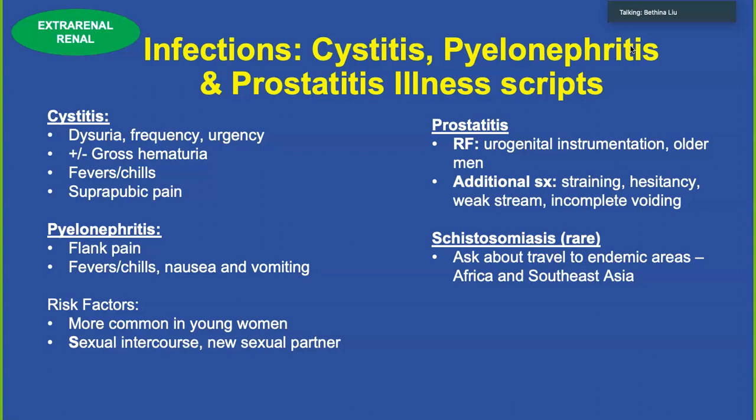Next, we have infectious causes, which include cystitis and pyelonephritis. So cystitis is what we commonly think of as an uncomplicated UTI. That could present with dysuria, frequency, and urgency. It may be accompanied by gross hematuria, as well as fevers, chills, and suprapubic pain.